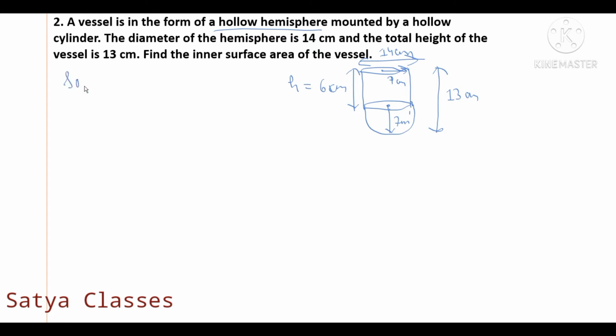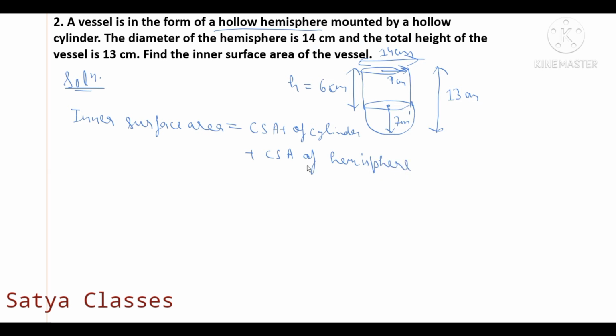So right here, solution: inner surface area equals CSA of cylinder plus CSA of hemisphere.